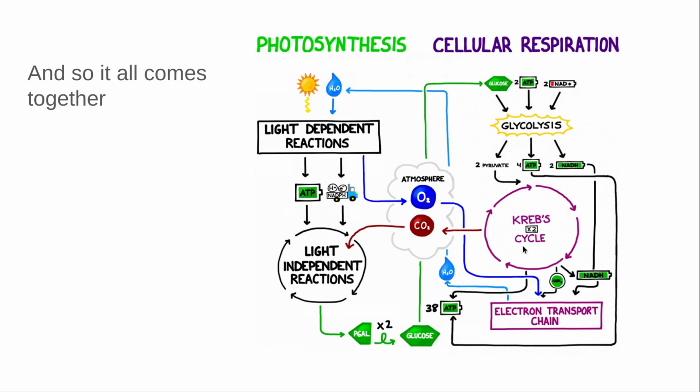Now when we need to use this glucose, it is used along with the oxygen from the atmosphere, the oxygen that was produced by the plants.